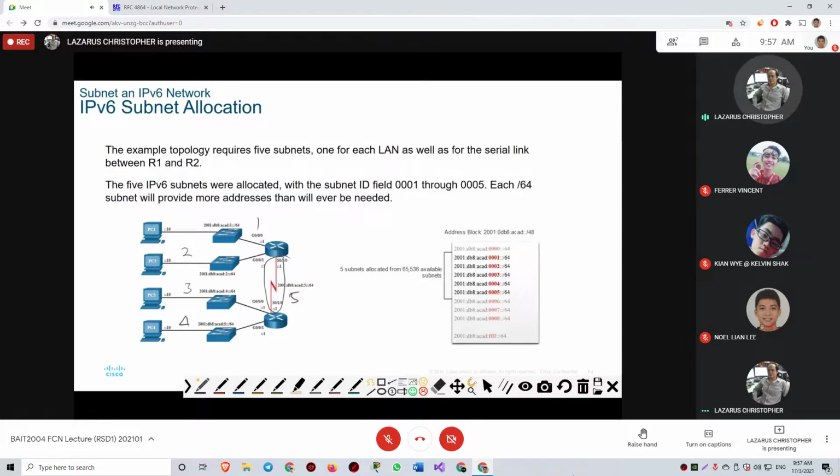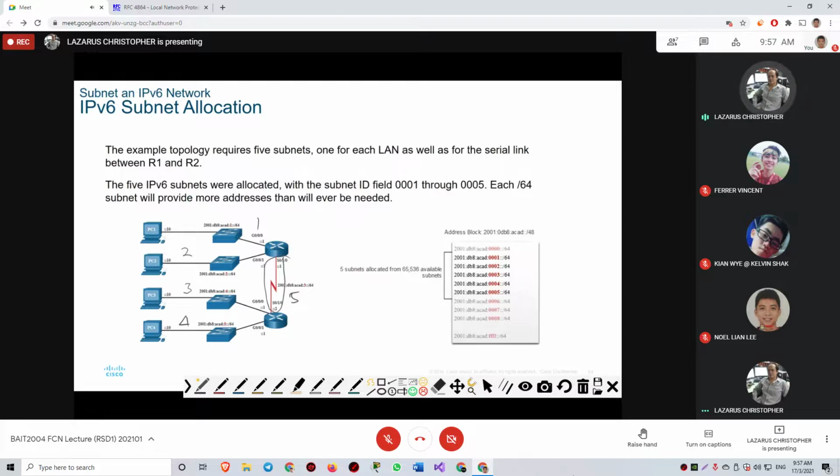So we want to create about 5 subnets, and again, we use the subnet ID to differentiate. So we pick subnet IDs starting from 1 until 5 to allocate to this configuration.